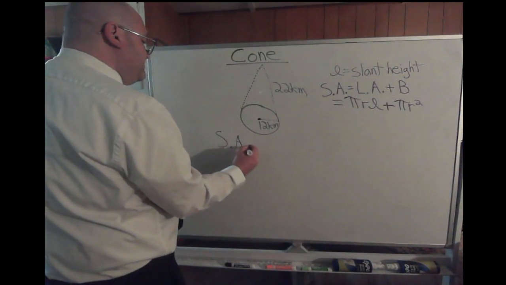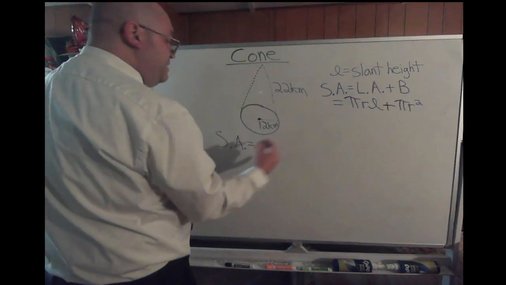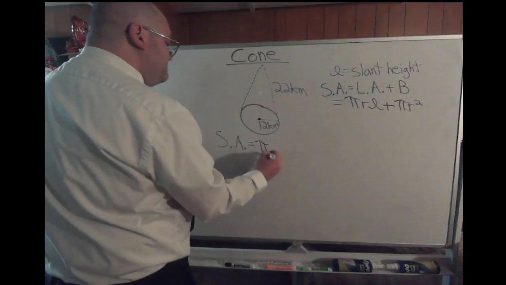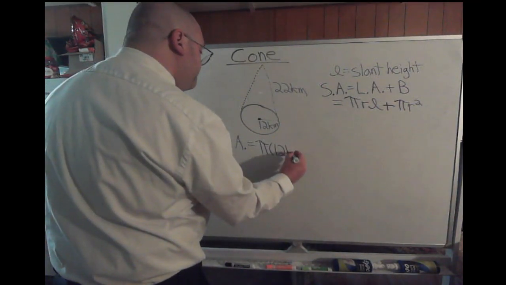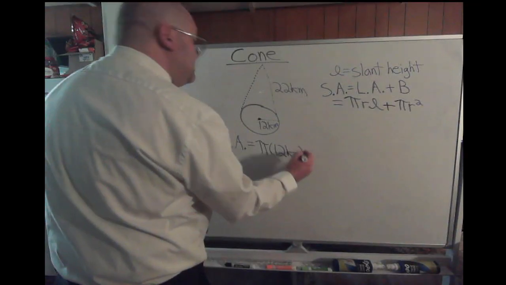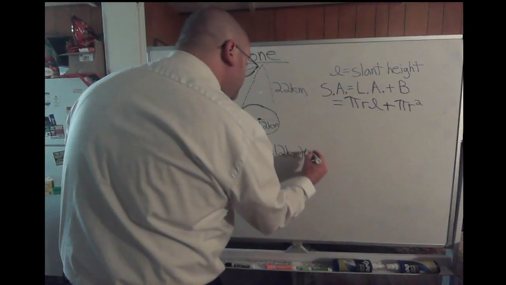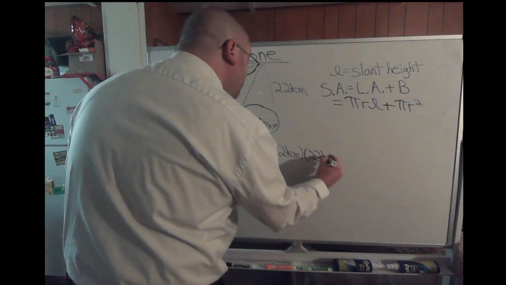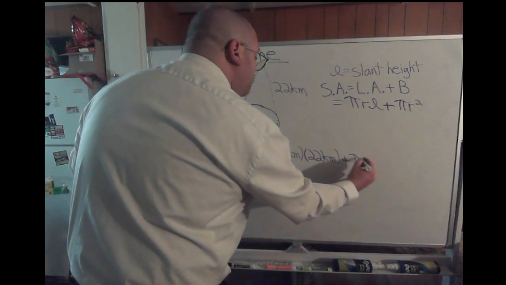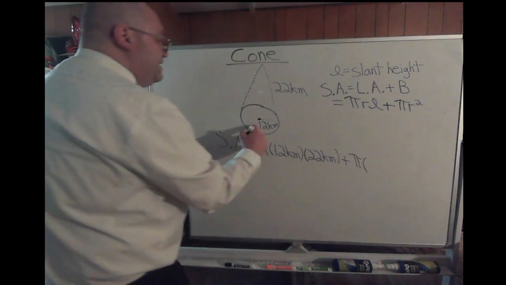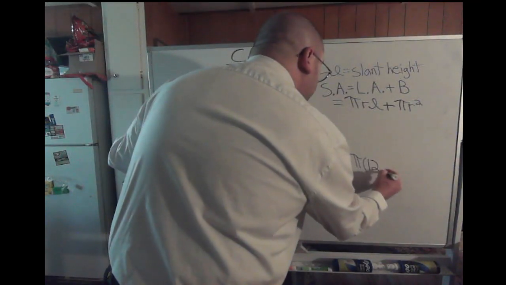So again, the surface area of a cone ends up being pi times the length of your radius, which is 12 kilometers, times your slant height, which is 22 kilometers, plus pi times your radius of 12 kilometers to the 2nd power.